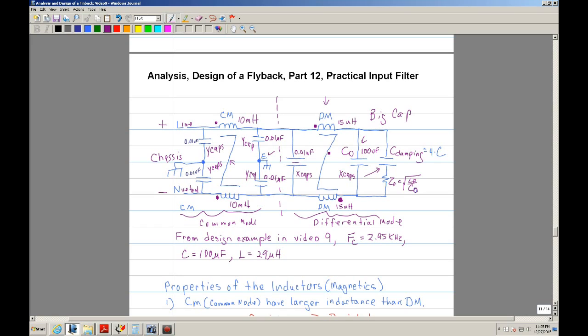Now, on the previous video, if you add a signal to both sides and it's common to both sides, the differential will not be seen by them. They actually look like wires because the flux cancels. If you watch video, I believe 10, I explain how they cancel. So basically these are shorts, they're shorted across, and of course this is being shorted.